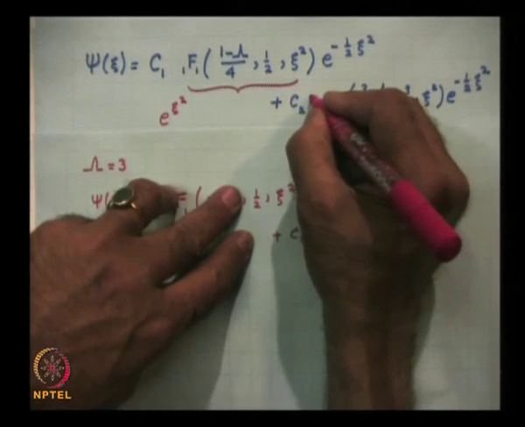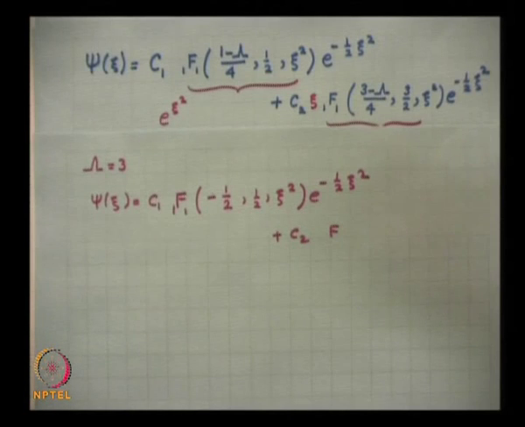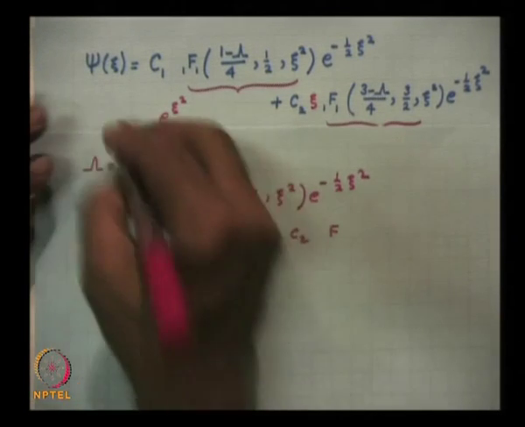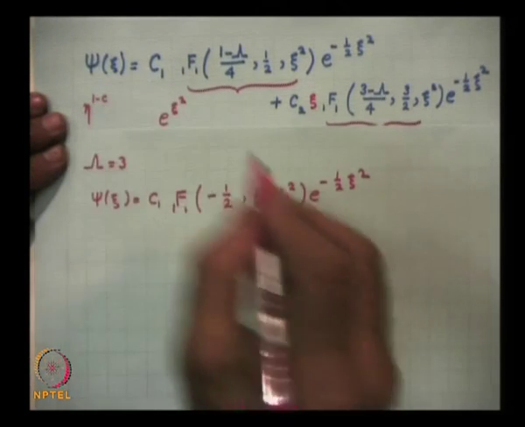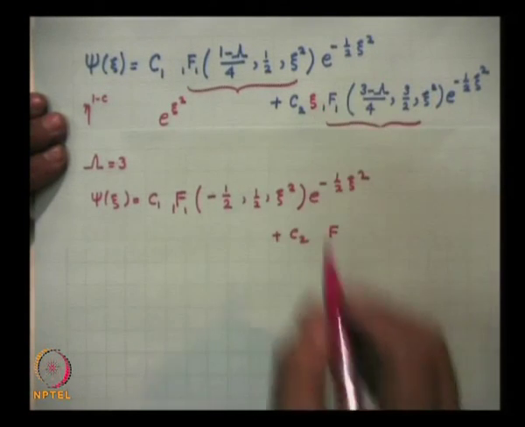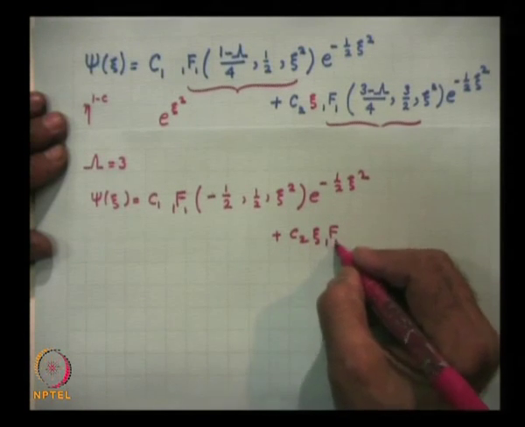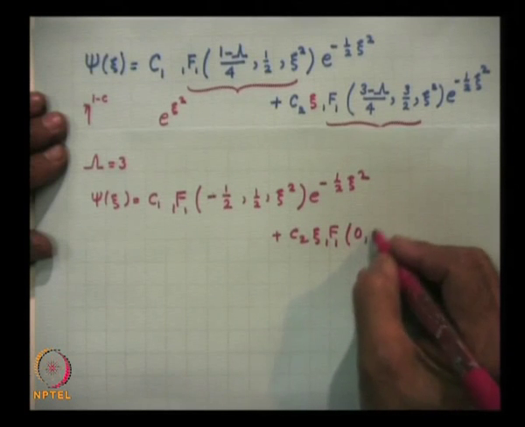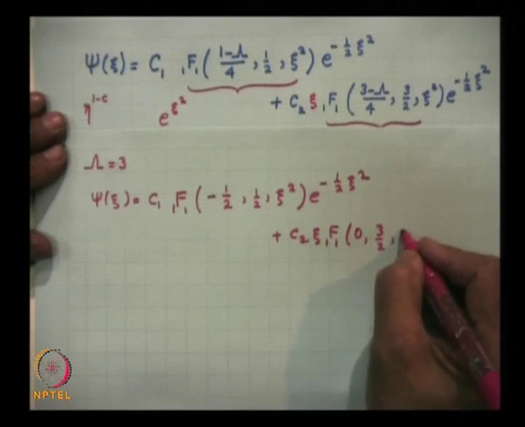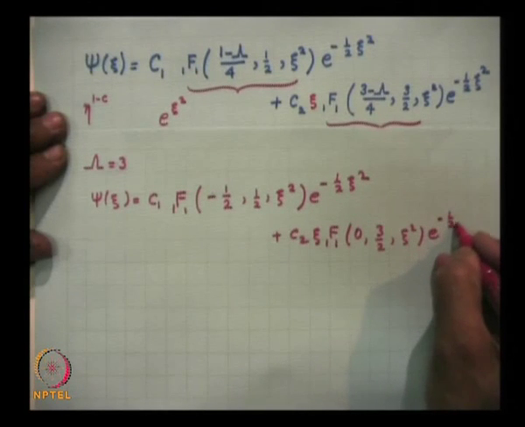Oh, there is a xi here, because eta raised to the power of 1 minus c, c is half. So, eta to the power of half, eta is xi square. So, there is a xi sitting there. So, C2 xi F11, if lambda is 3, then this becomes 0, comma 3 by 2 into xi square e to the power of minus half xi square.